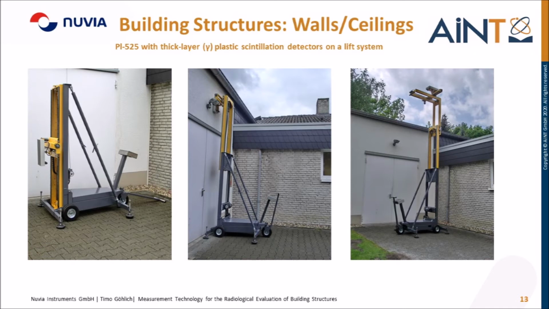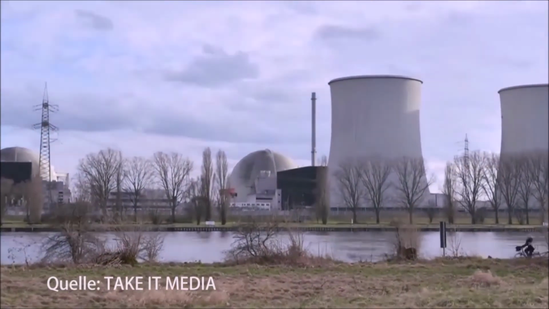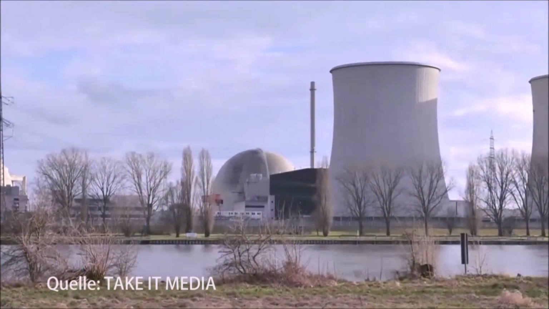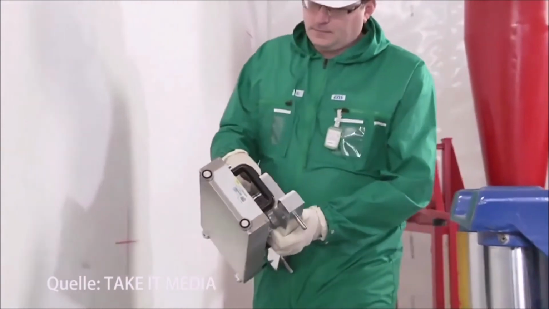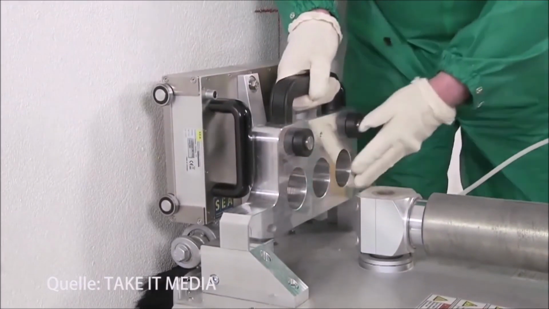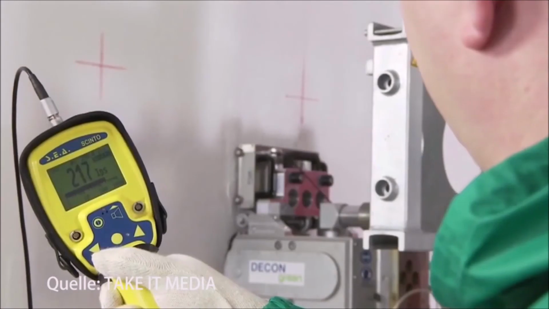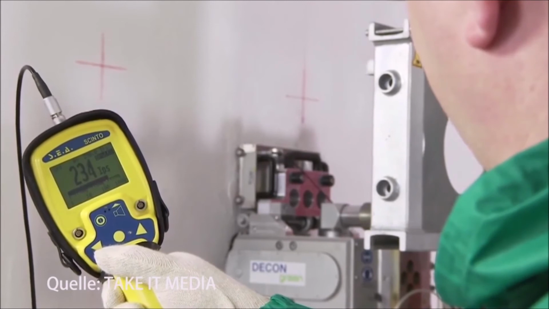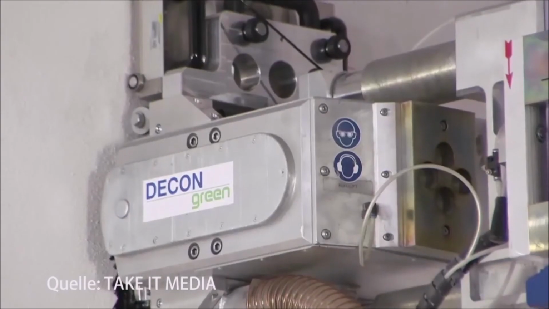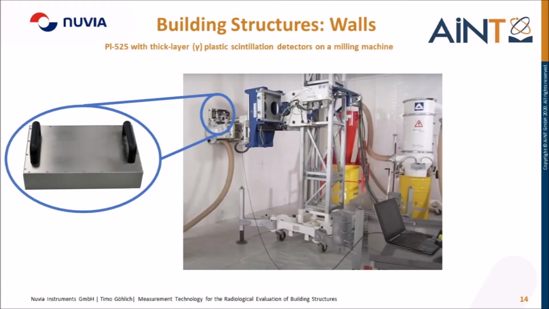We can now take this even one step further by combining the detector system with the 525 and an automatic milling machine. The trick here is that you can switch it over here and fill the removed surface in a container for contaminated surface, and once again in another container for values below the exemption limit or the clearance limit.